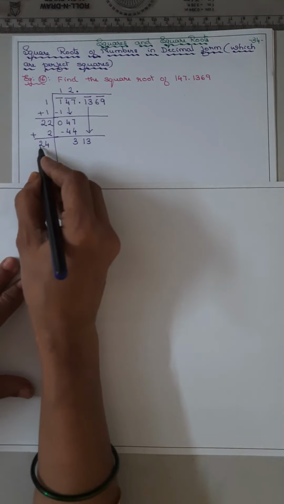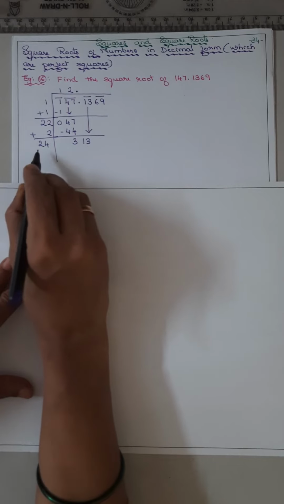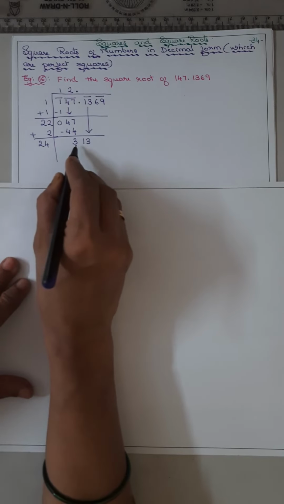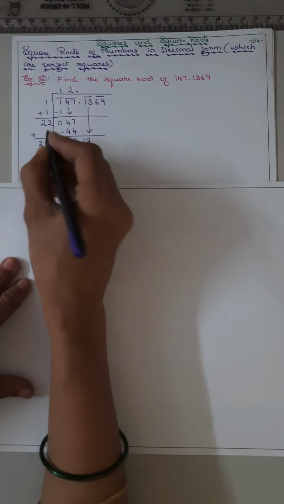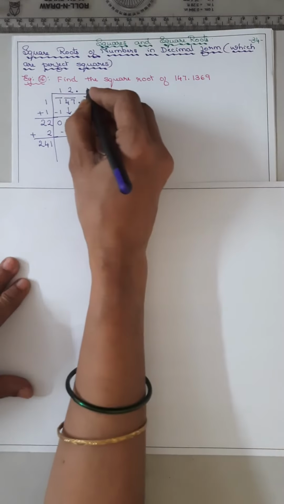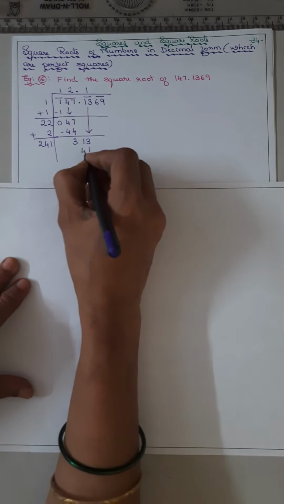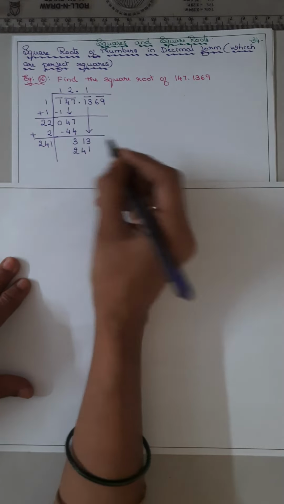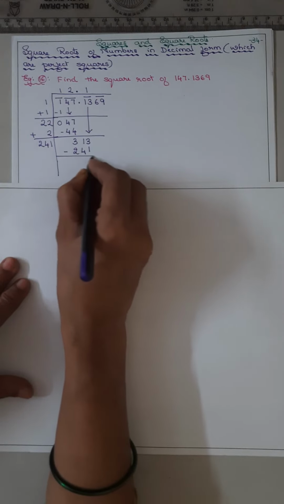Now here it is 2 digits, here it is 3 digits. Means it will be 2 how much are 3? If you put 1, 1 ones are 1, 1 fours are 4, 1 twos are 2. You can't put 2, because it will be bigger.